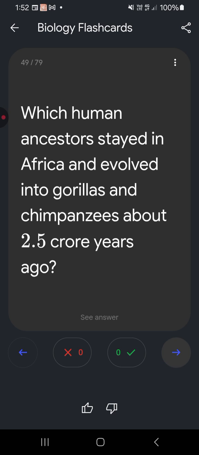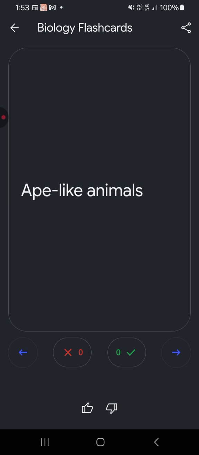Which human ancestor stayed in Africa and evolved into gorillas and chimpanzees about 2.5 crore years ago? Ape like animals.